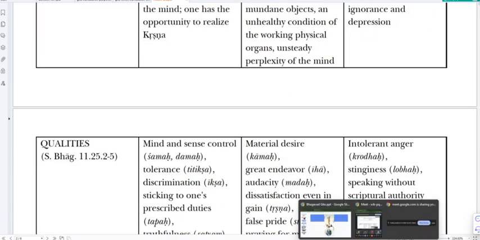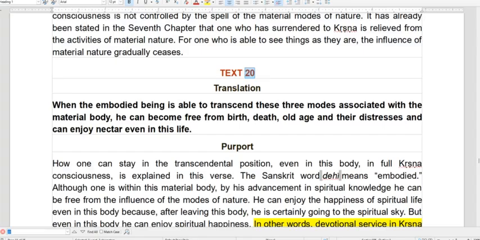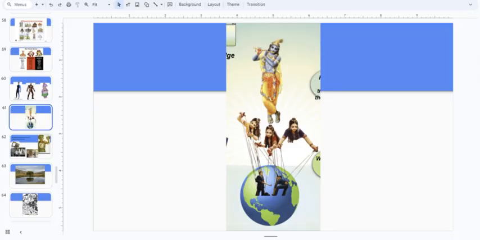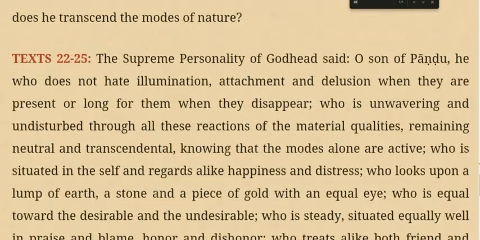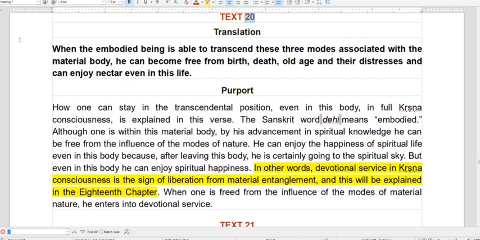We'll go through this whole section once more, but we were in the 20th verse. When the embodied being is able to transcend these three modes associated with the material body, he becomes free from birth, death, old age, and their distresses, and can enjoy nectar even in this life.